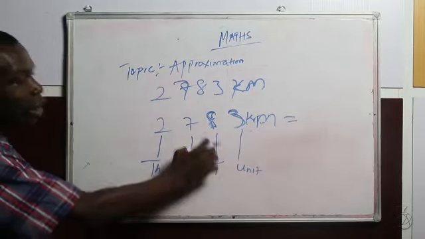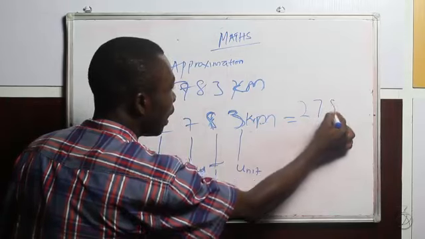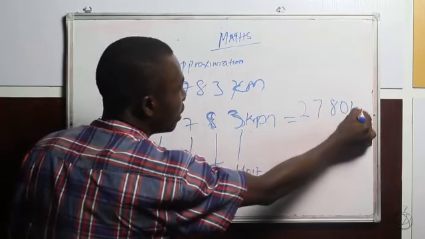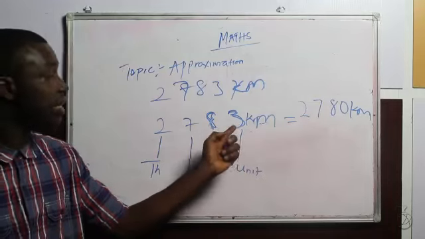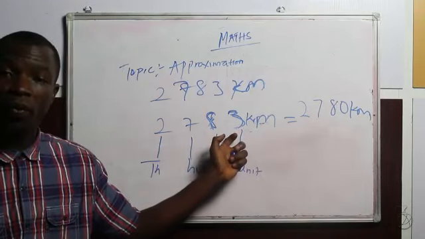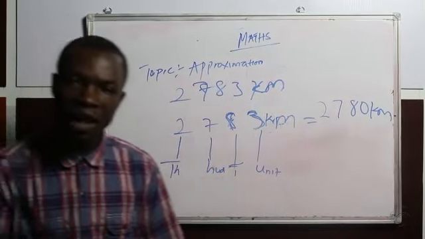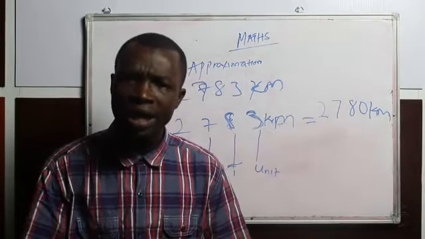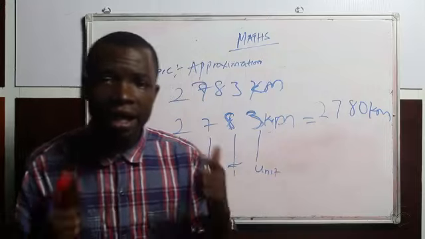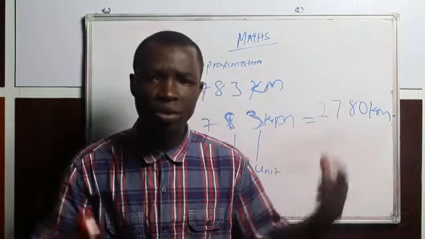Therefore, the answer is 2780 kilometers, because this 3 is not up to 5. So 2783 kilometers to the nearest 10 is 2780, because we round down to 0.